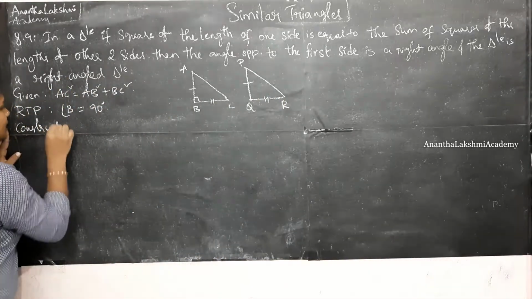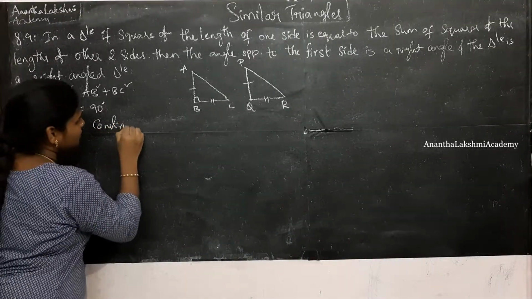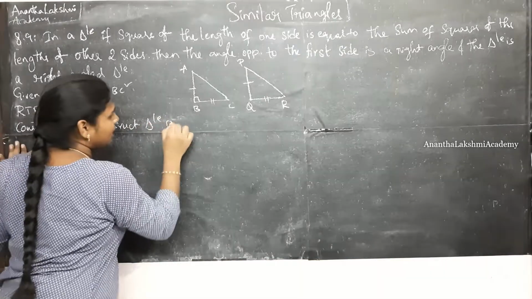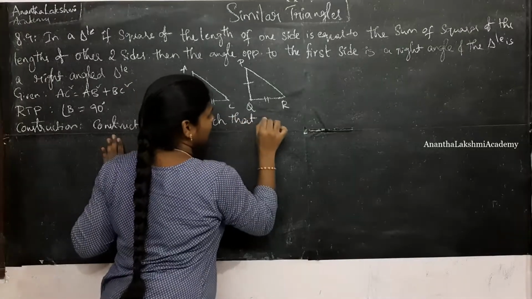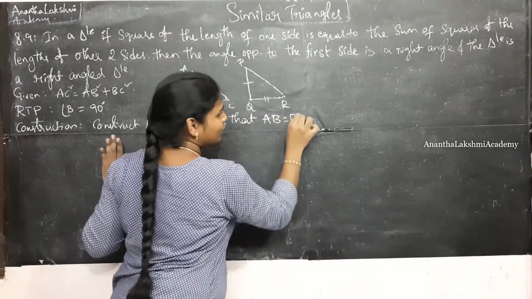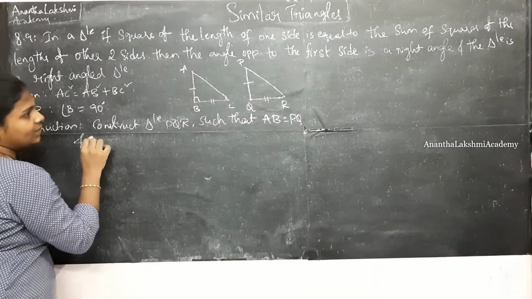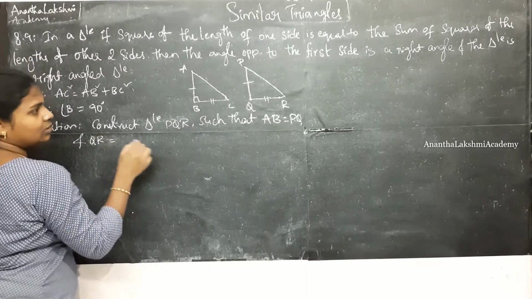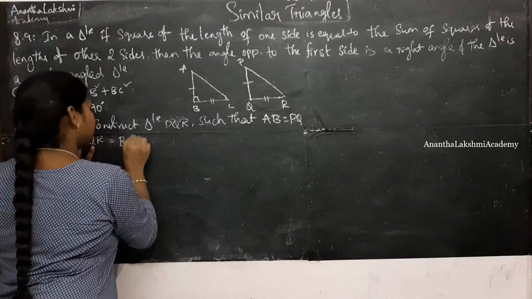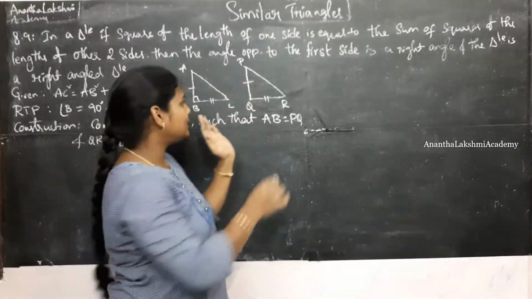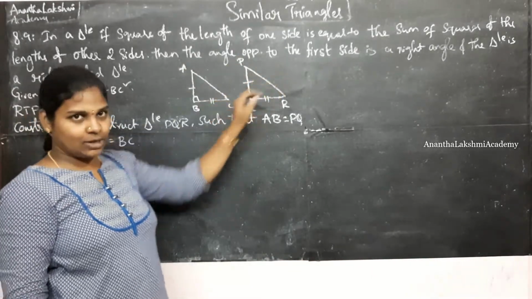The construction is done in such a way that we construct triangle PQR such that AB is equal to PQ and QR is equal to BC. Since this is also a right angle triangle, we are going to mimic this triangle as PQR.